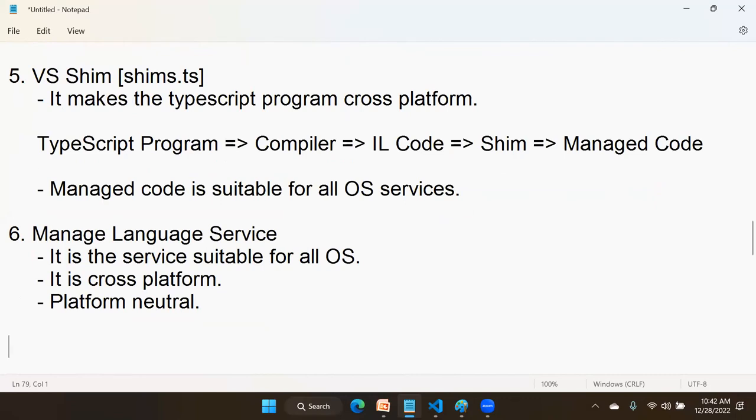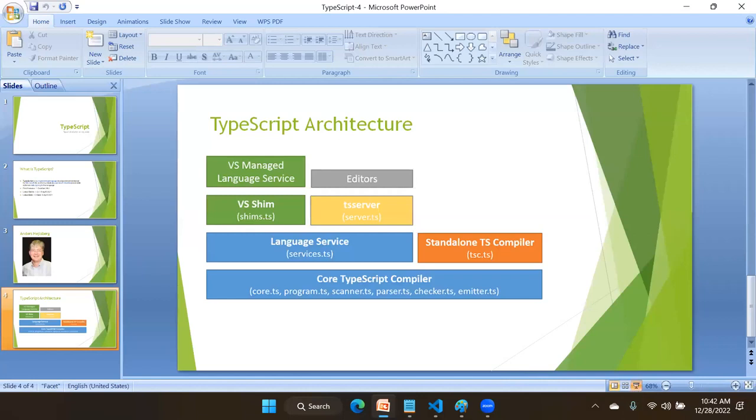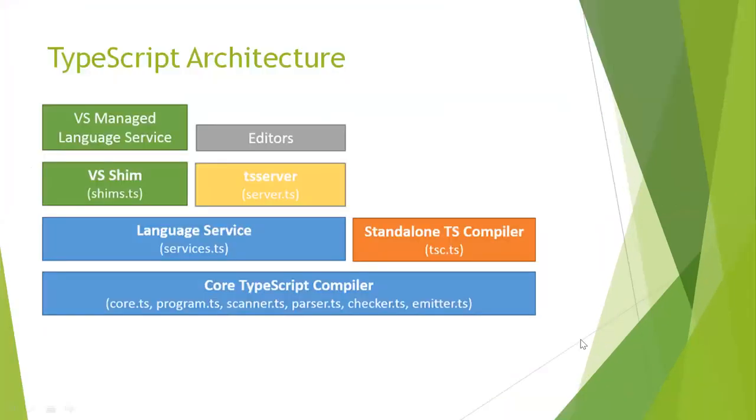We should know the architecture of TypeScript to handle interviews, because in interviews a lot of questions will be related to architecture at experience levels. So you need to understand that. I hope everyone is clear, right? You will learn two things: what are the features of TypeScript and what is the architecture of TypeScript. In the TypeScript architecture, what is the role of the core compiler? The core compiler's role is verifying the errors in the program.